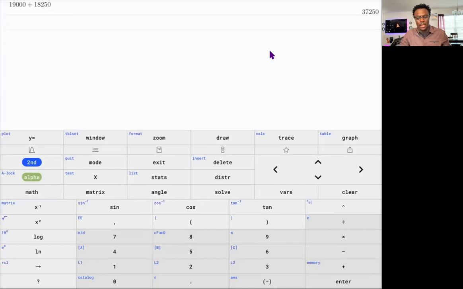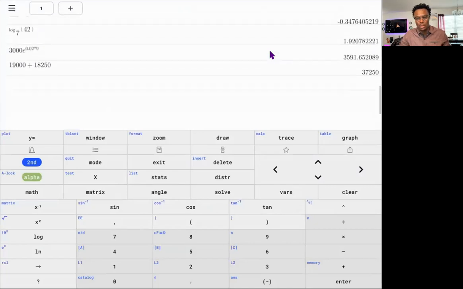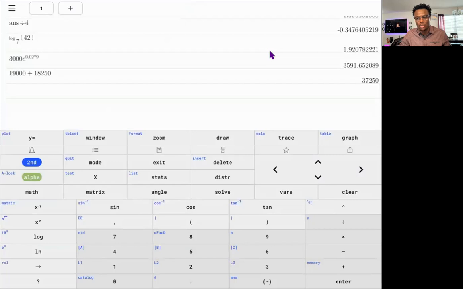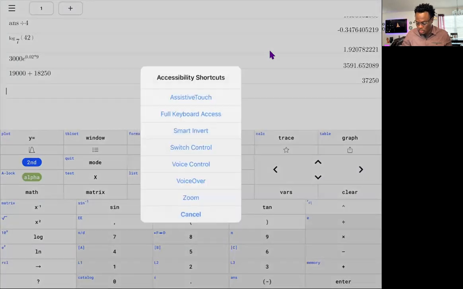That is 37,250, which is the total amount that we already had for this. So that verifies our equation.